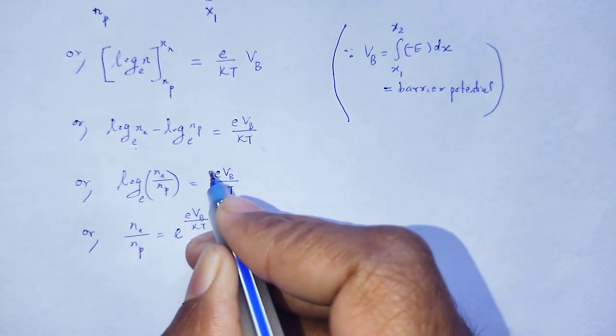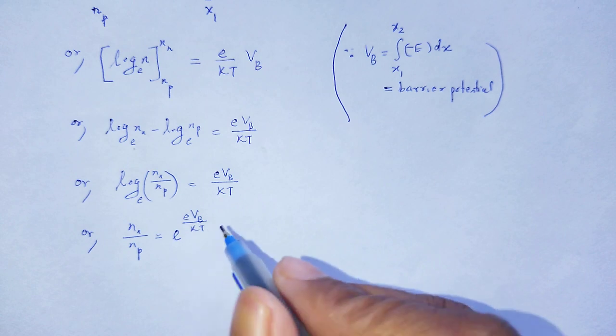That is the exponential, but that e is the charge of the electron, not to be confused.